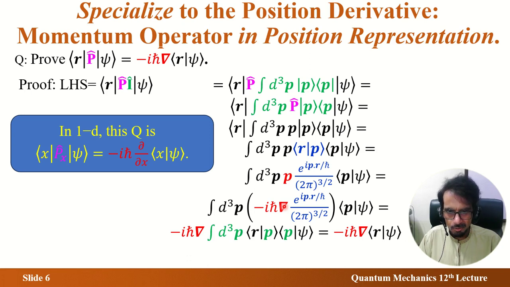Take a pause, stop the video, and meanwhile take a pen and paper and replace del. You should know that del is the x derivative times the i unit vector, or in American terminology the x derivative times the x unit vector, then the y derivative times j or the y unit vector, and the z derivative times k or the z unit vector.